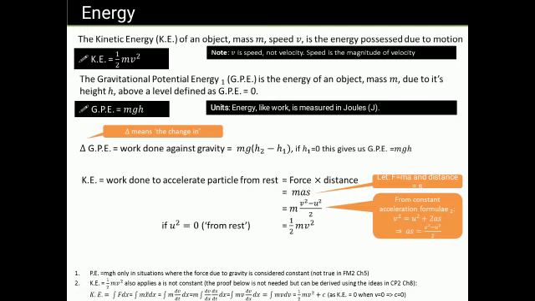Using the straight-line acceleration motion formula, v square minus u square divided by 2. Since u is zero for a particle at rest, what remains is half into mv square, which is the kinetic energy.